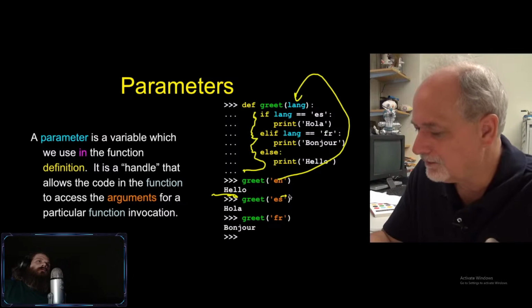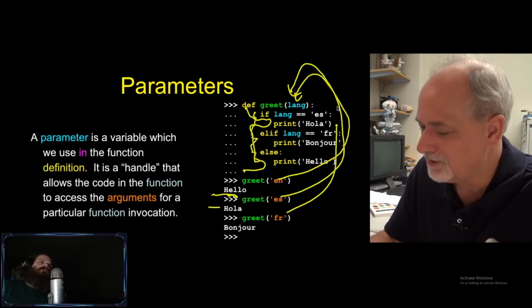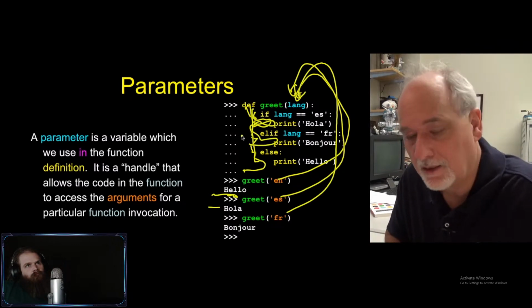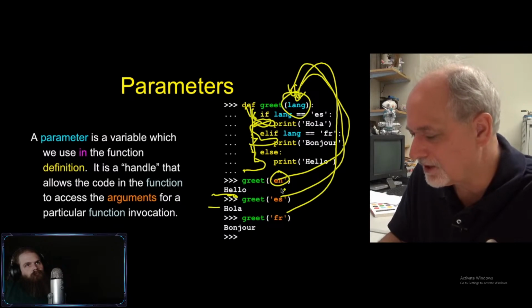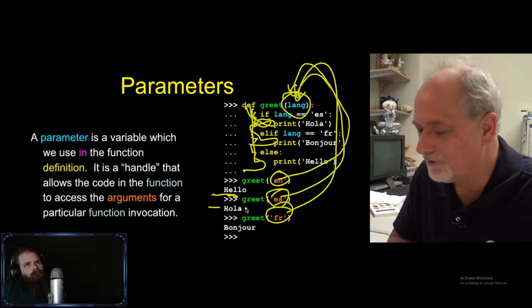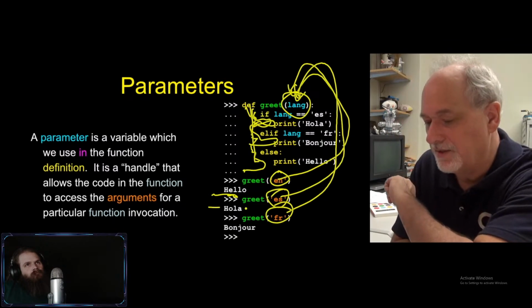Then we call it again, and this time es is lang, and so it runs this code and prints hola, and then next time it calls with this, and it prints bonjour. You get the idea. So this is a placeholder so that on successive invocations of the function, we can get at whatever the programmer put in as that first parameter.